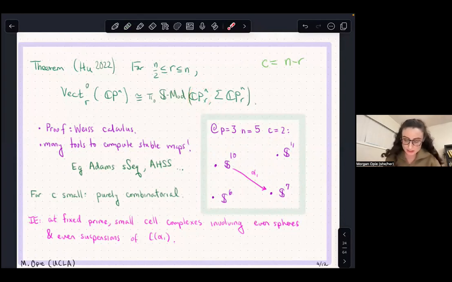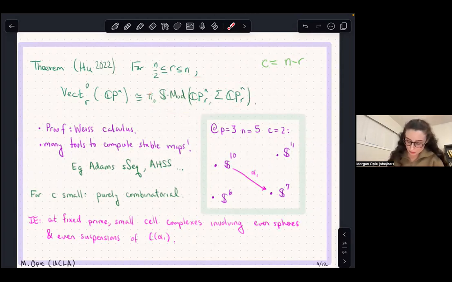So in this case, for co-rank 2 or rank 3 bundles on CP5, we already know what the answer is. We have three non-isomorphic bundles, which are unstable representatives for the stably trivial bundle of rank 3 on CP5. And we can see explicitly where these bundles come from.